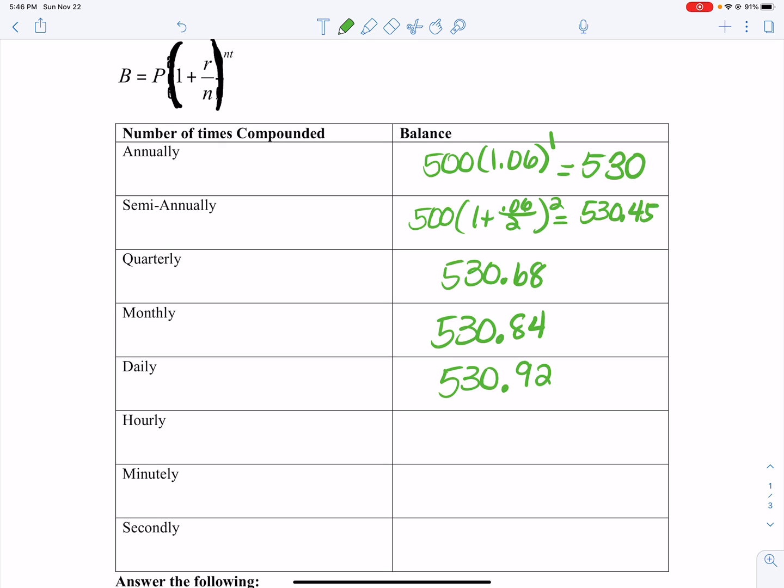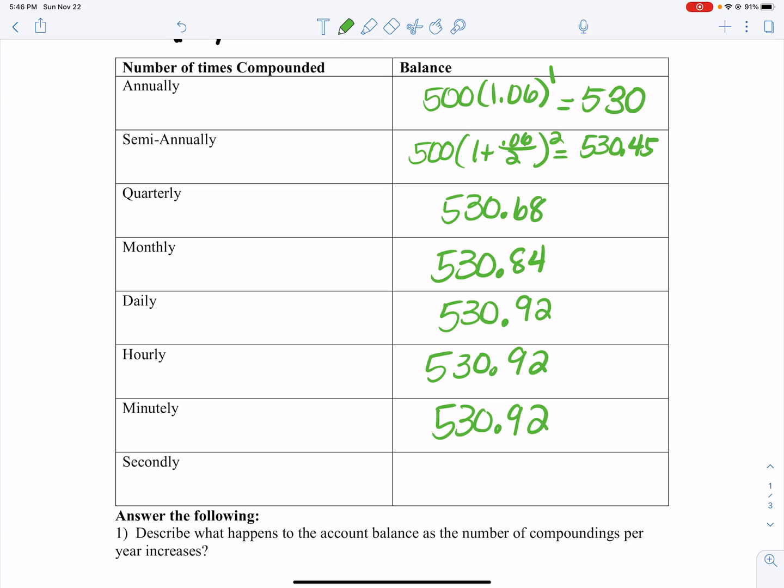And then if I do hourly, I would multiply that by, why my calculator does not want to play nice with me tonight is beyond me. And so this comes out as 530.92. And then I'm going to get minutely, and that's 530.92. And then secondly, I can do that, but it's going to be 530.92.